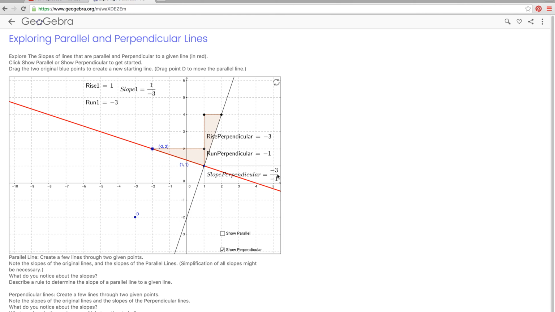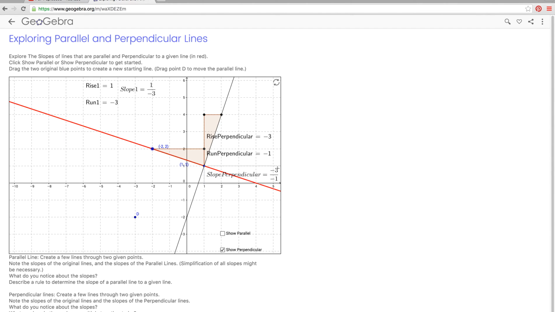There's another way to look at this, and that is if we multiply together the slopes of perpendicular lines, we're always going to get a particular value. So -1/3 multiplied by -3. Sorry, for +3, because this is a negative over negative.